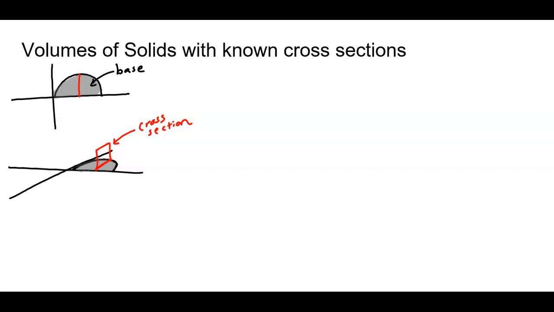Okay. Now, the way that these things work is you're going to be integrating the area of your cross section from beginning to end. I'll call it x1 and x2, with respect to x. And that's pretty much it.